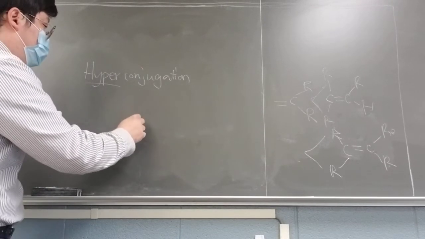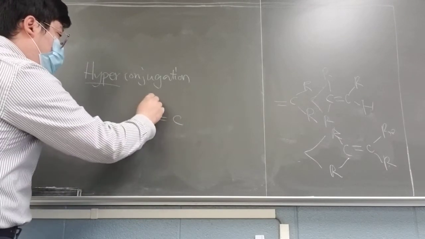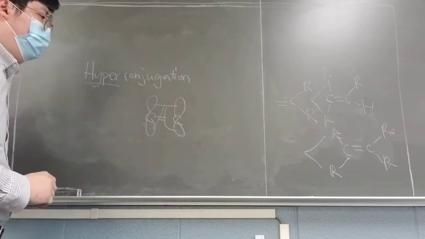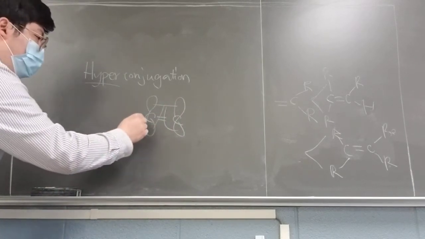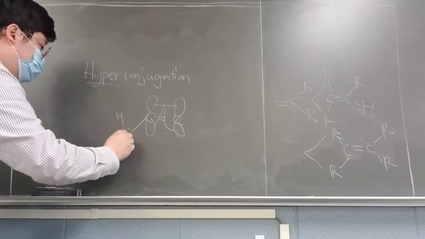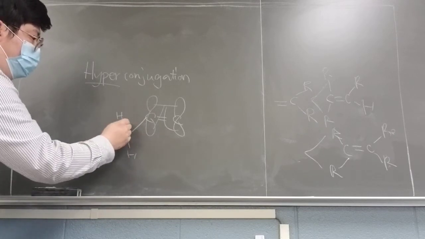What I mean by that is that whenever you have a double bond, meaning you also have the pi bond, a p orbital over there, and any neighboring carbon with a hydrogen, this one will be all single bonds, right?